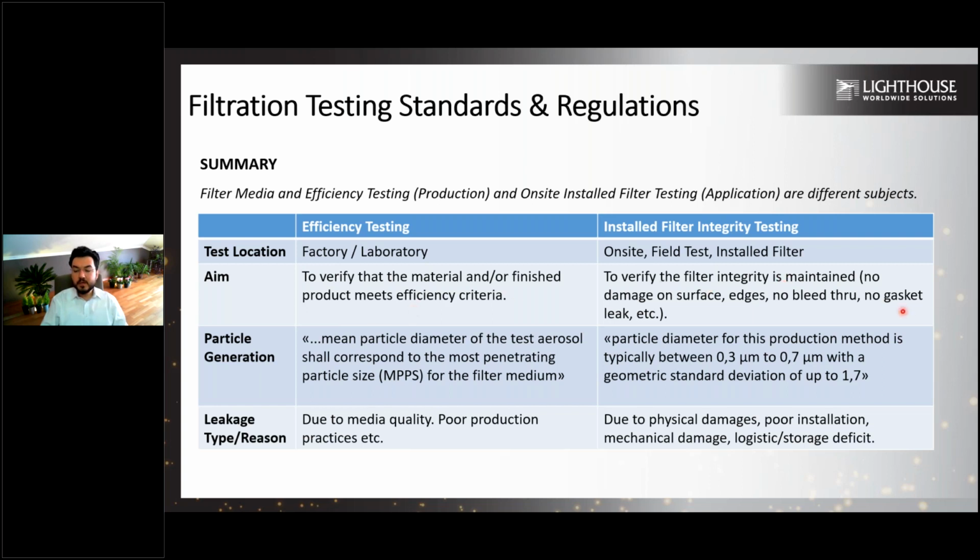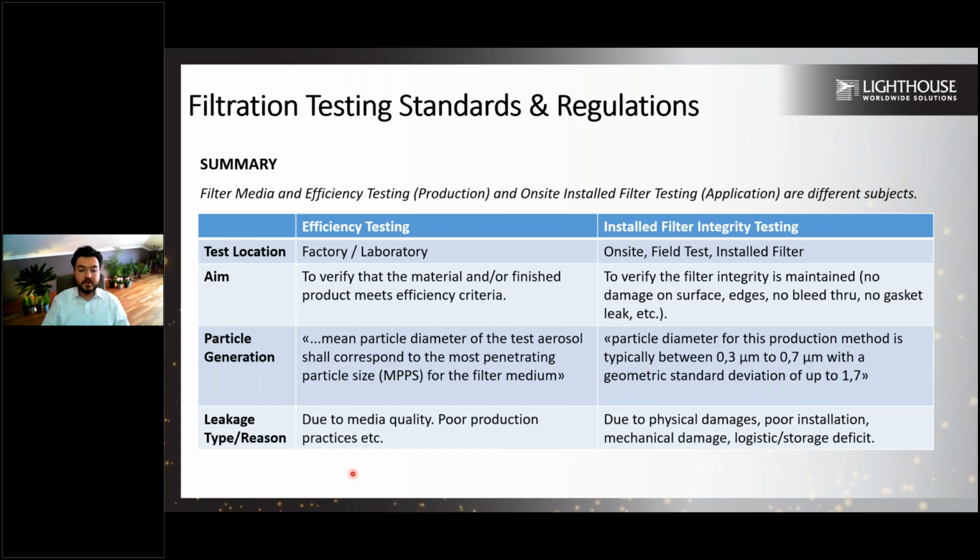Our aim is to make sure that there is no physical damage, no surface damage, no leakage around the frame, or no bleed through or gasket leak through the HEPA filter after installation. And particle generation for efficiency testing should be around the MPPS value, while ISO 14644-3 describes 0.3 micron up to 0.7 micron with a geometric standard deviation up to 1.7.